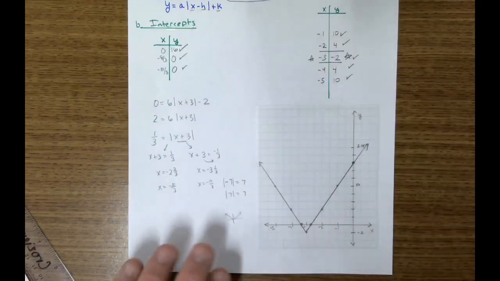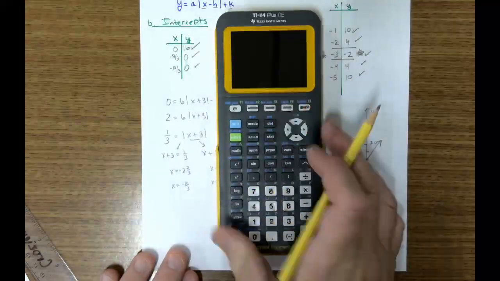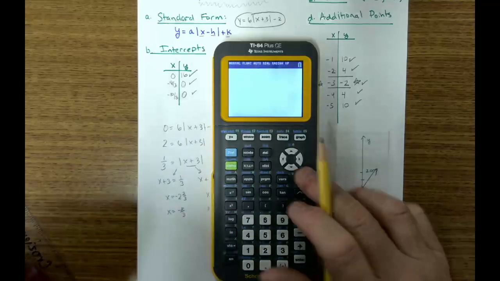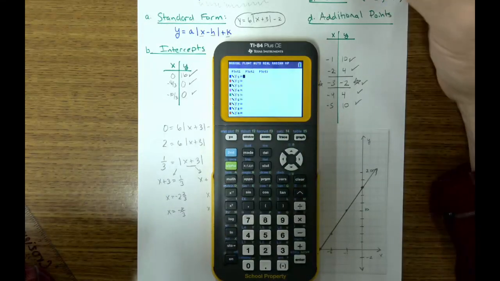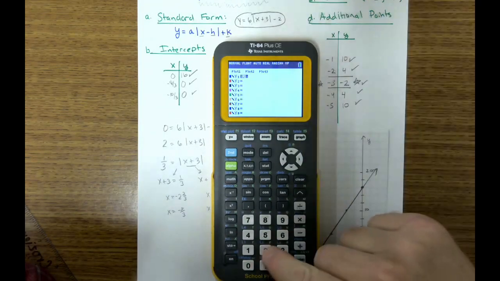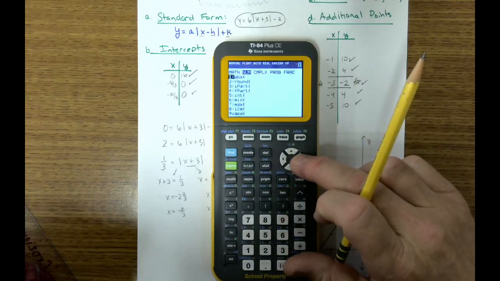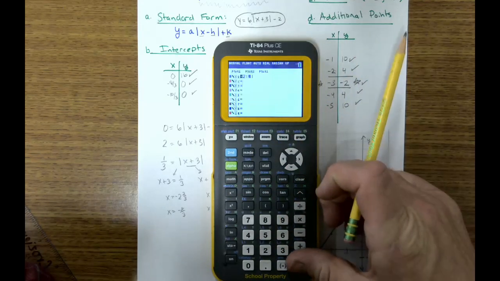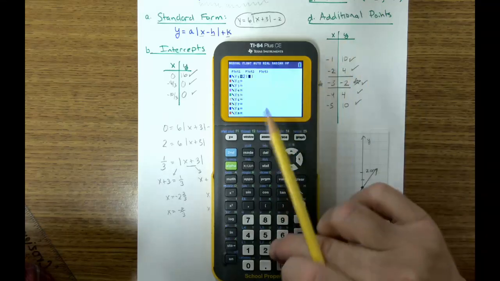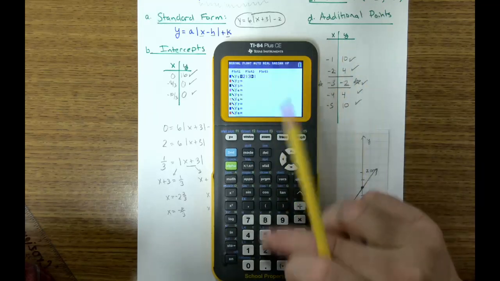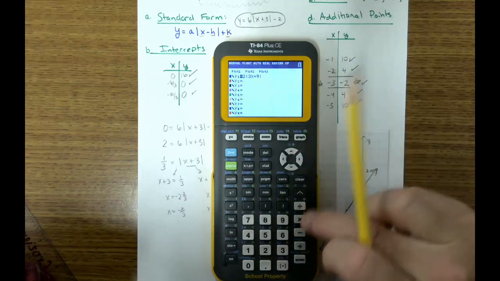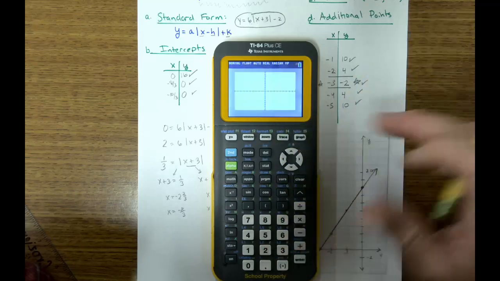And there's a graph. If you want to check it, you can use Desmos, or you can use a graphing calculator. If you hit y equals, you can type this in. Let's go back to the original. 2, to get absolute value, you hit math, number, ABS for absolute value, 3x plus 9, minus 2, graph.